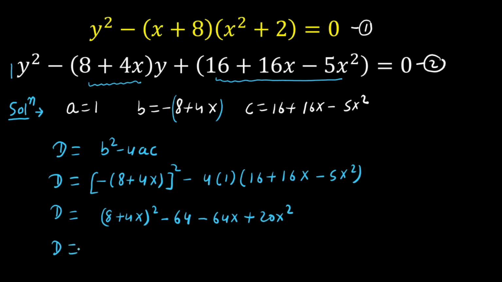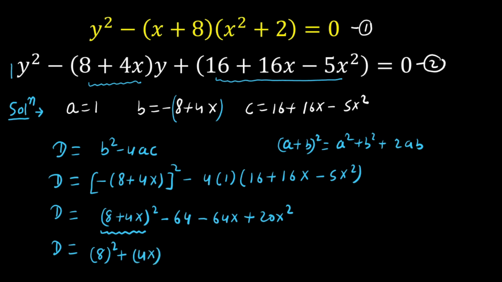Then if we apply (a plus b) whole square, which equals a square plus b square plus 2ab, we get 8 square plus (4x) square plus 2 times 8 times 4x, minus 64 minus 64x plus 20x square.